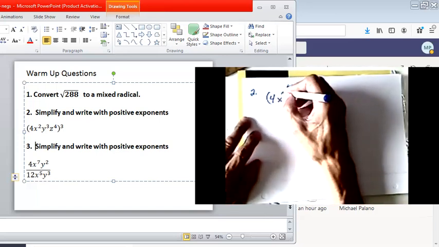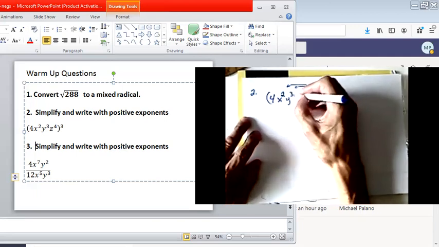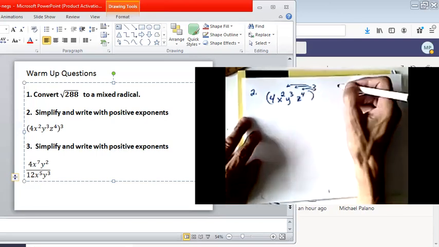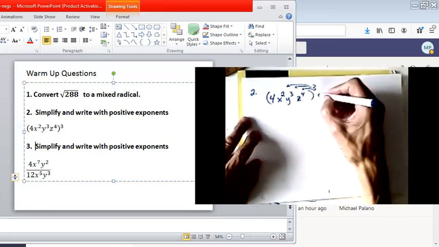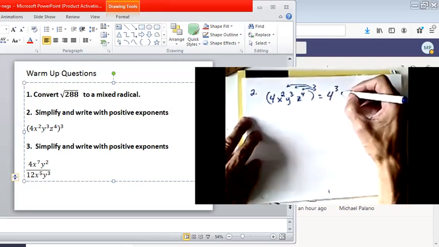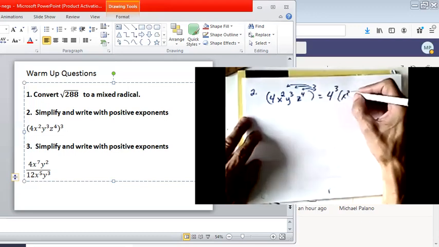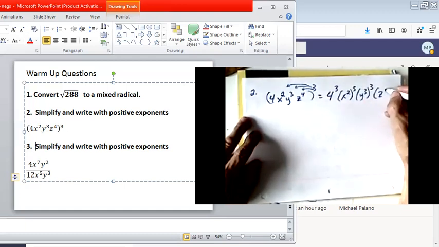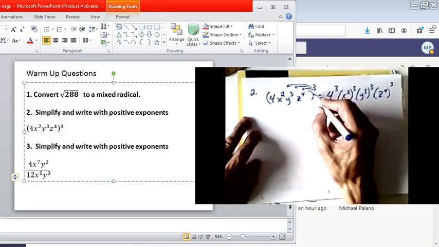It's going to go on to the x squared, the y cubed, and also the z to the power of 4. So that's going to look like this. The 4 gets it. The x squared gets it. The y cubed gets it. And lastly, the z to the 4 gets that original 3 that's there.